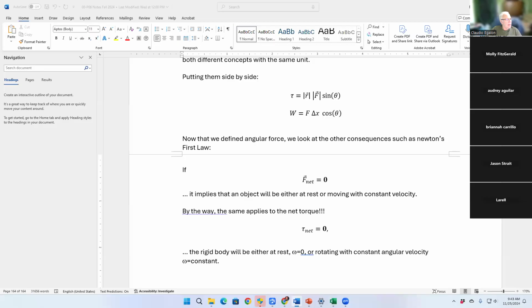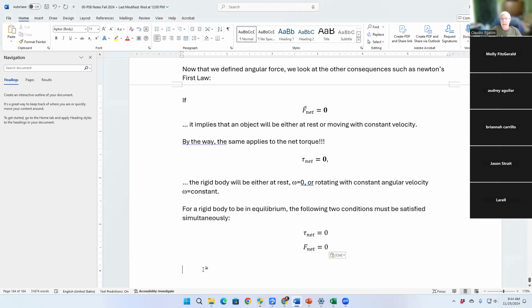For a reason, we say that when the net force is equal to 0 and the net torque is equal to 0, the rigid body is in equilibrium. You must have this simultaneous condition.